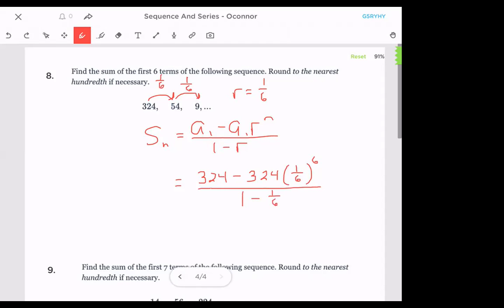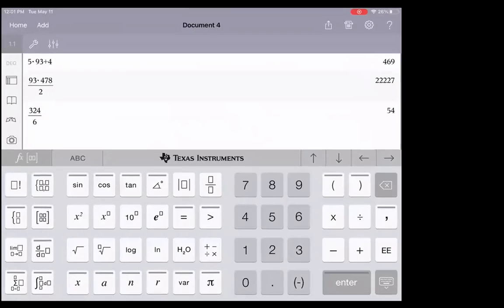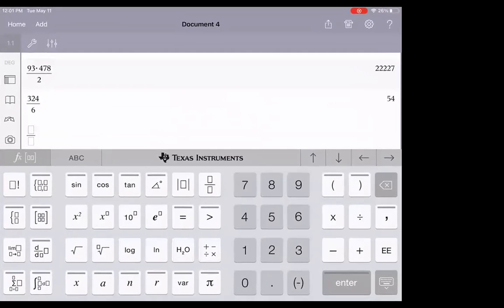And that is an ugly looking number, but that's why they make calculators, right? So all I'm going to do is plug that into my calculator, and hopefully I get a nice number. So here we go, guys. I'm going to start off by making my fraction.